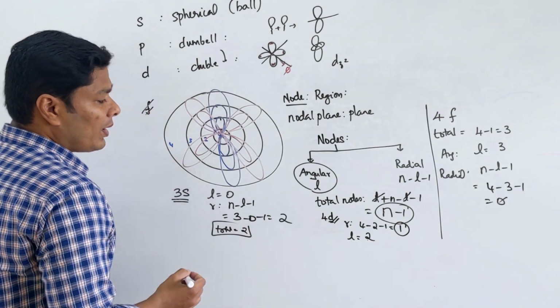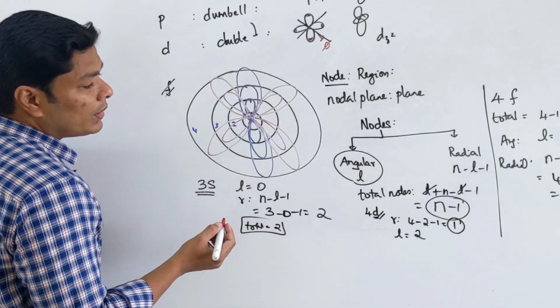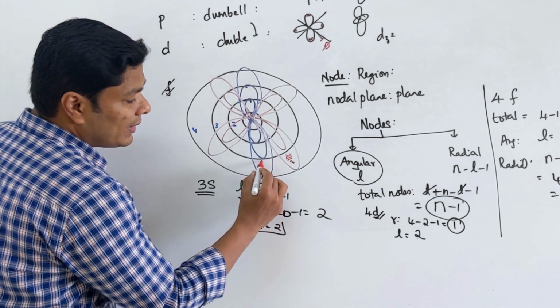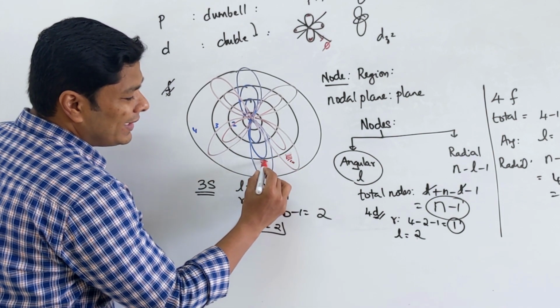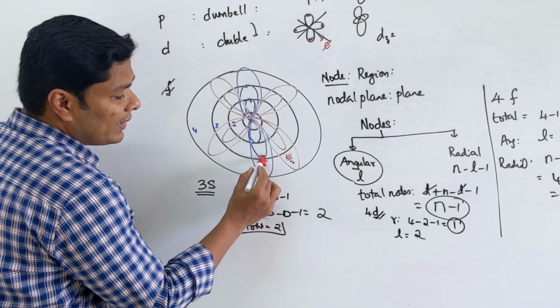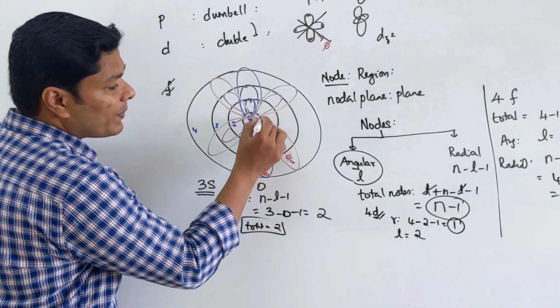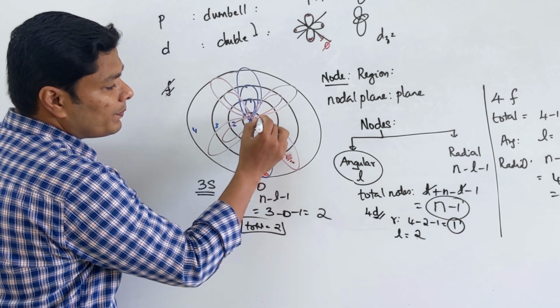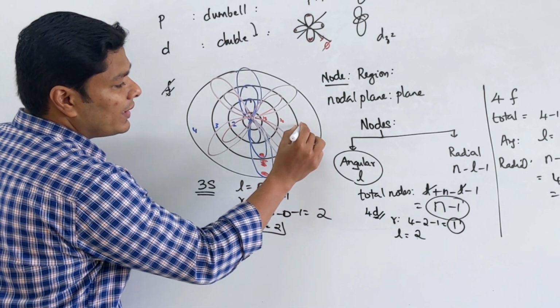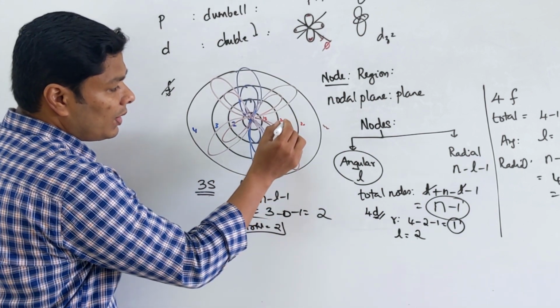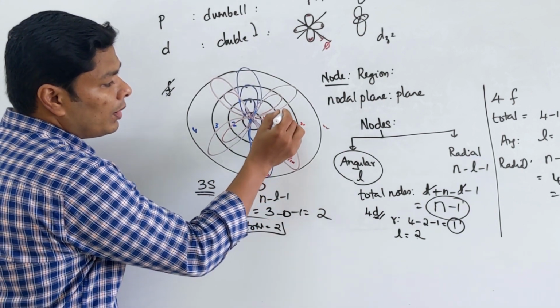Where are they? Basically, what the nodes are is this area right there. If you take a p orbital, this is a node. Literally, there will be no electron here; up to here there are lots of electrons, here there is no electron, and here there are electrons again. This is a node. If you take s orbitals, this is 1s, 2s, 3s, 4s. Now, let's look at 3s. Here is 3s.